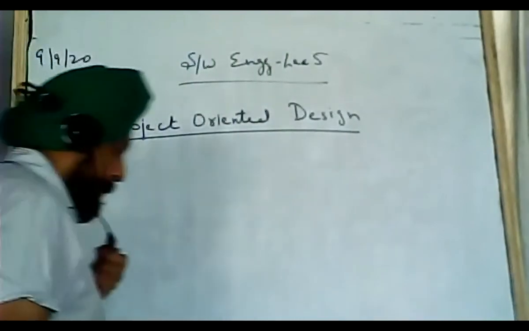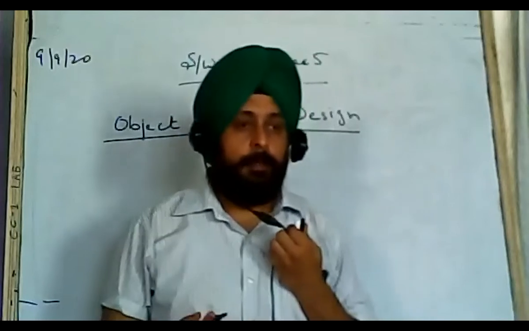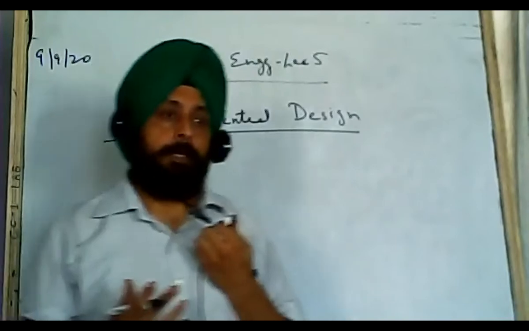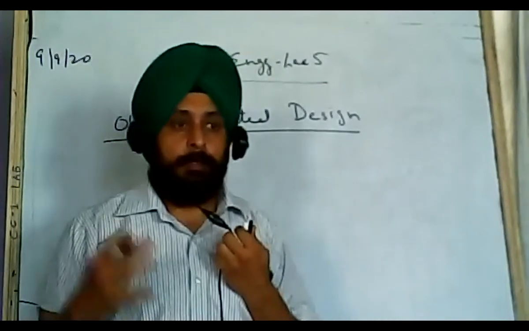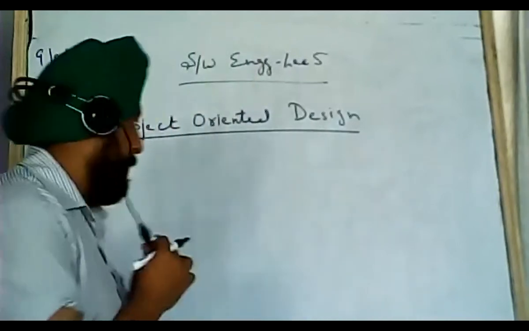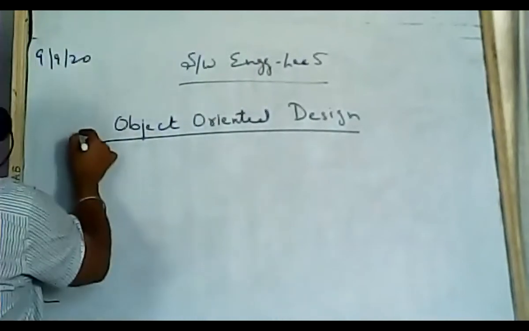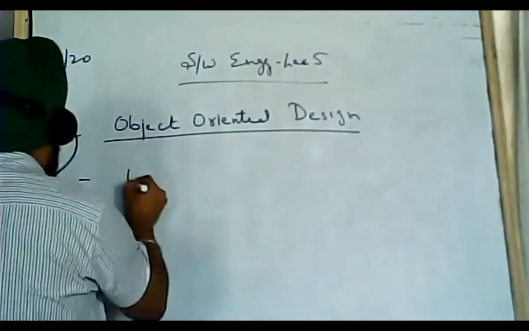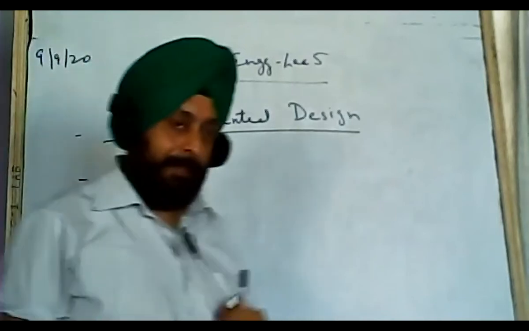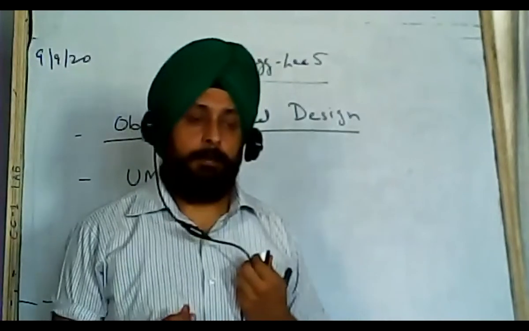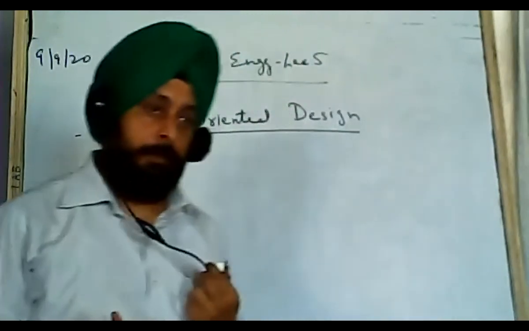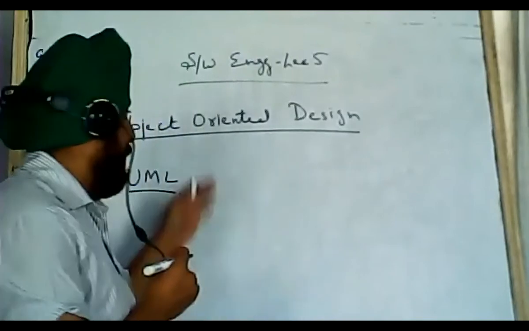What we will cover in this topic today: what is the concept of object orientation design, where the designing is basically done on the basis of the object. The second thing we will do is UML diagrams. Very important. These are the diagrams which help us in designing or making the model of your software system.